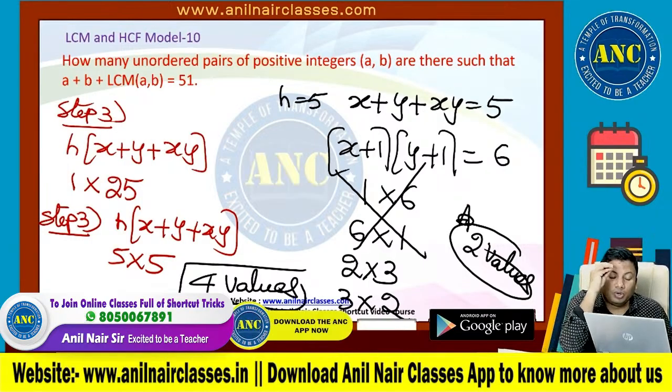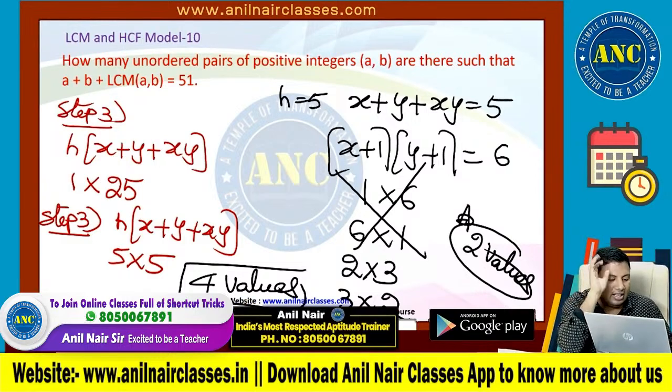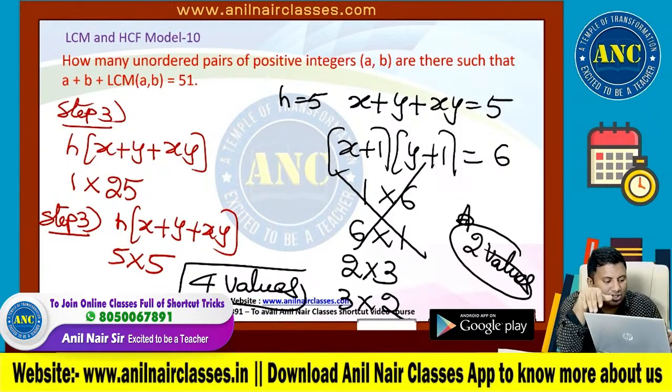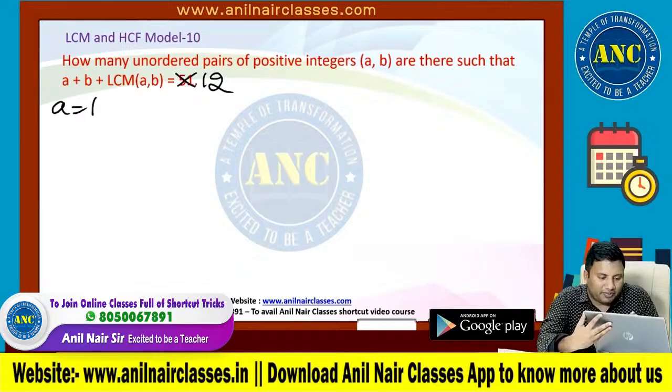Now I will do the previous question, which is 12. Very easily you will understand it. 2 values here, 2 values there. Now see here. This is 12. If it is 12, a is hx, b is hy.